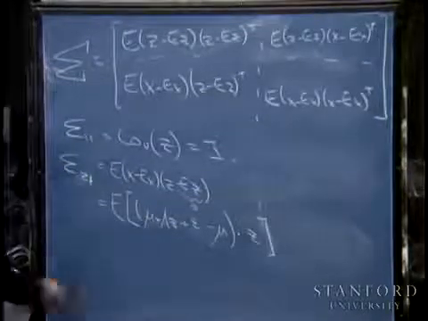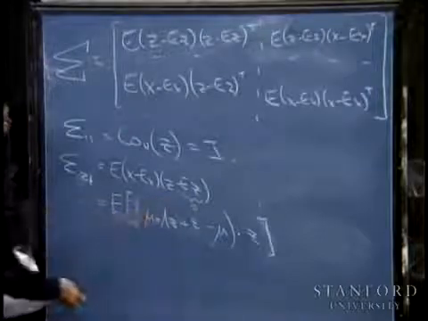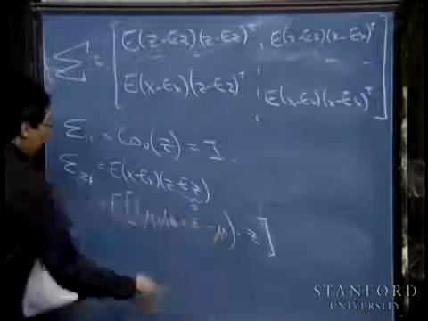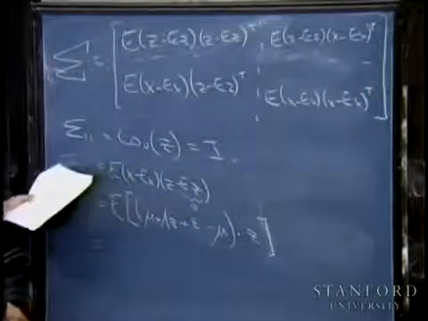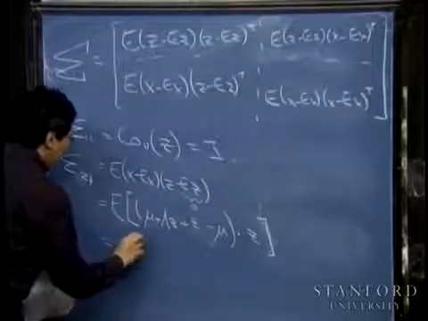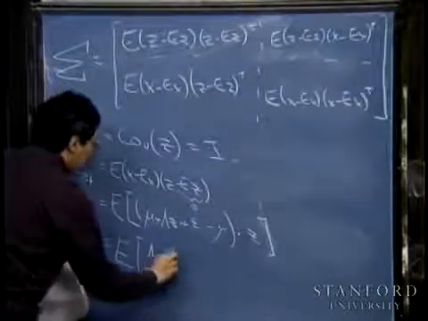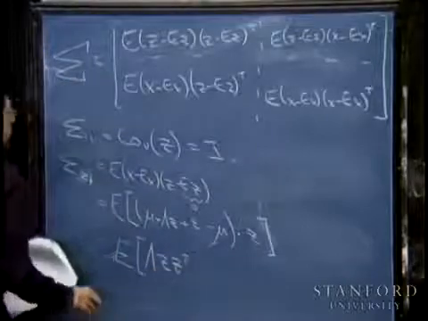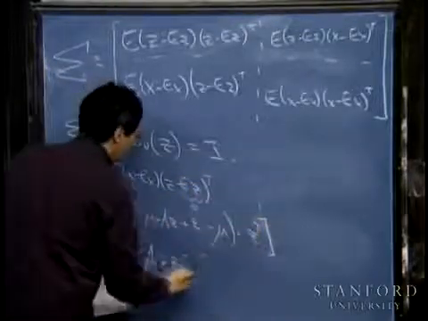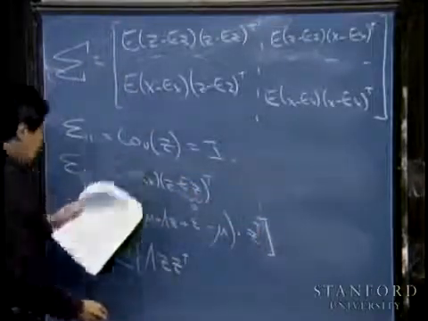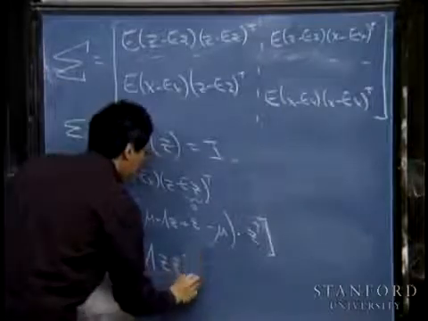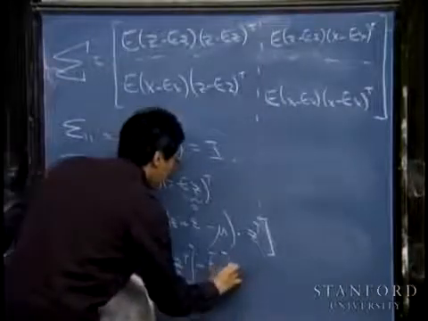If you expand this out, plus mu and minus mu cancel out, and so you have the expected value of lambda ZZ transpose minus the expected value of epsilon Z.